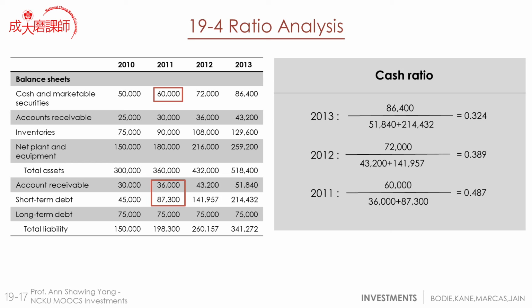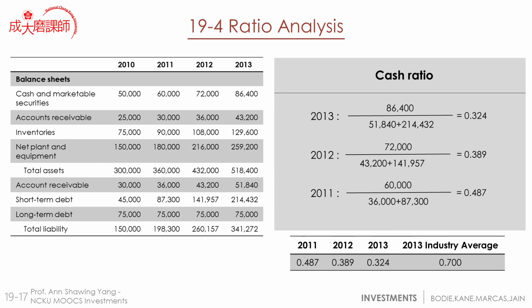Noticing that there's a similar pattern as what we calculated for the quick ratio and the current ratio, the firm is declining in its cash equivalent ratios, or what we call the liquidity ratios. So it's not highly liquid, which is a warning signal. In 2013, the industry average is 0.7, but the firm is barely making it, with 0.487, 0.389, and 0.324.